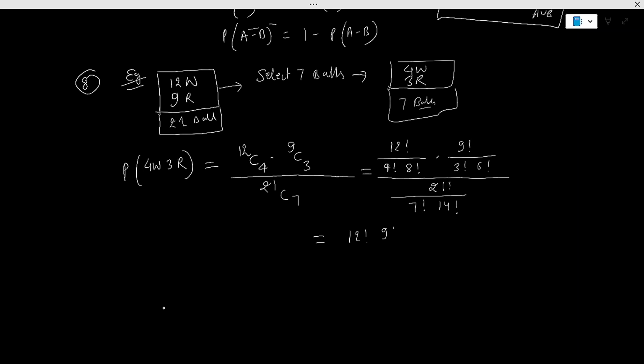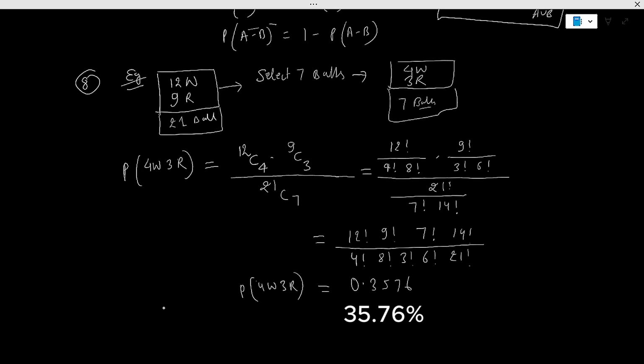This is equal to 12 factorial times 9 factorial times 7 factorial times 14 factorial, whole divided by 4 factorial, 8 factorial, 3 factorial, 6 factorial, 21 factorial. And this is equal to 0.3516, which is equal to 35.16%. So the probability of getting 4 white and 3 red balls when selecting 7 balls from the container of 21 balls containing 12 white balls and 9 red balls is equal to 35.16%.